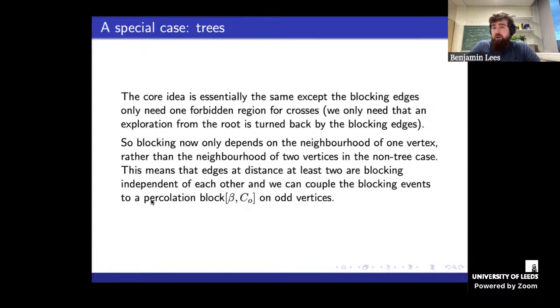So that means that our blocking events now only depend on what's happening around a single vertex, rather than in the general graph case where it depends on what's happening around two vertices. And means that we can couple the blocking events to a blocking percolation on odd vertices, and that they're all nicely independent. And then, like I say, we can go through some nice theory on trees that will give us the result.